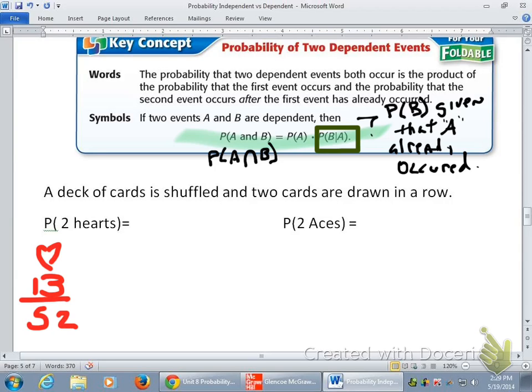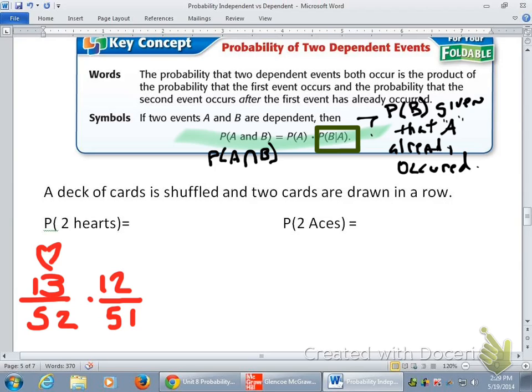Now the second card. How many hearts are there? That's right, there's only 12 because I've already used one of them. And how many cards are in the deck? There's only 51. See how things have changed? So the second event depended on what happened on the first event, didn't it? So this is a dependent situation.